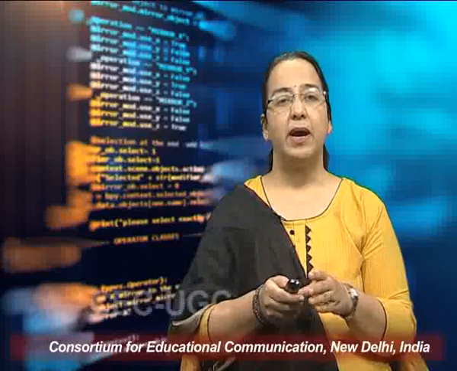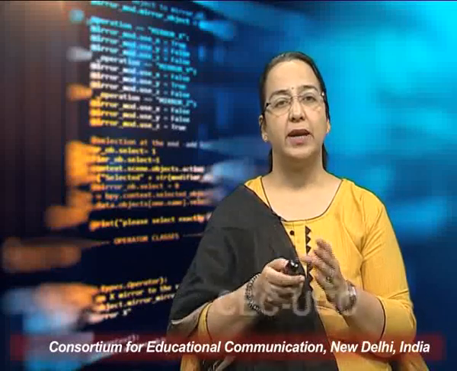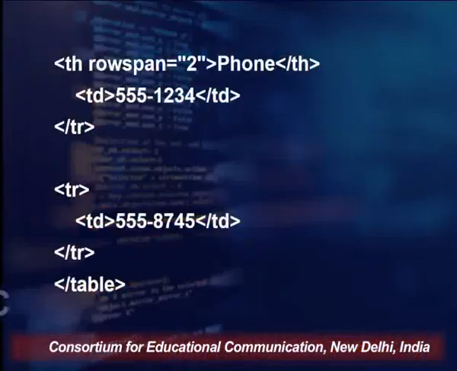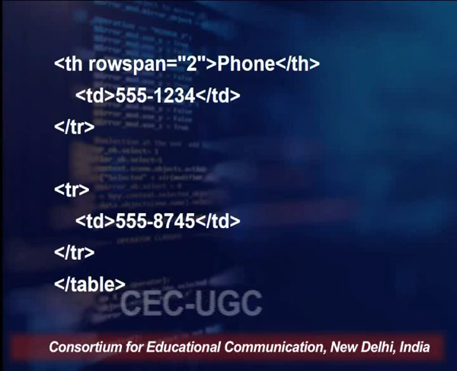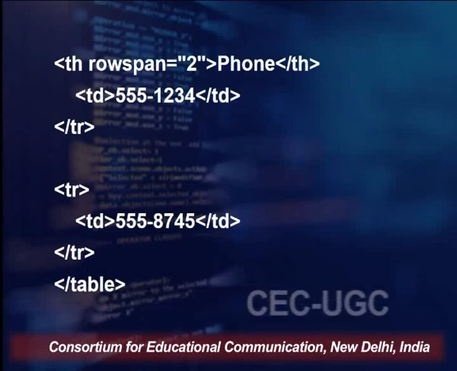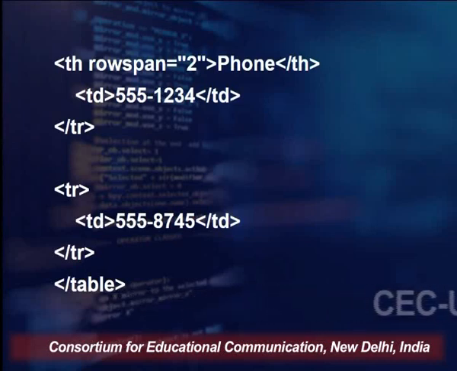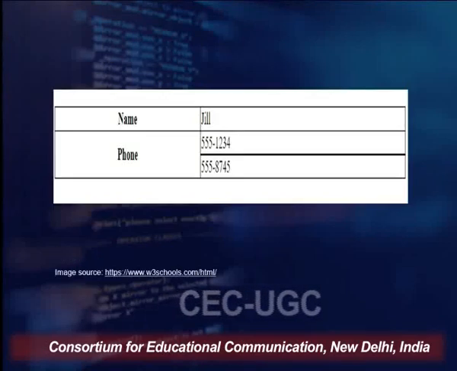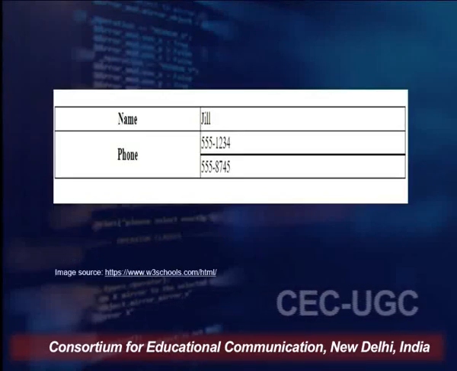So name and the value Jill, and then for phone we have rowspan equals 2 and we have written 1 table data along with it. For the third row, because phone is already spanning onto the third row as well, we only need 1 table data, which is given here in the form of 5558745, and here is the result.